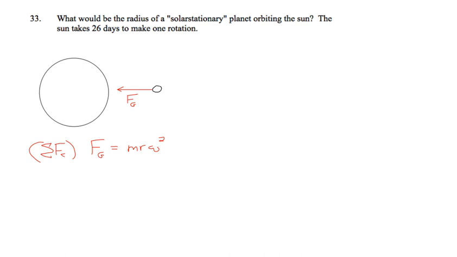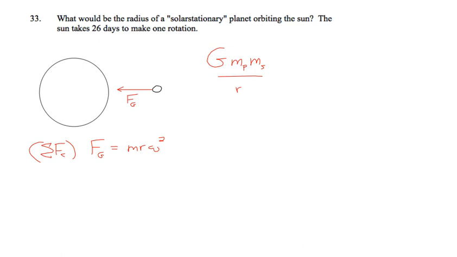So the next thing I'm going to do is replace Fg with the formula for Fg, which is G m1 m2 divided by r squared. One of them is going to be the mass of the planet, and one of them is going to be the mass of the sun.